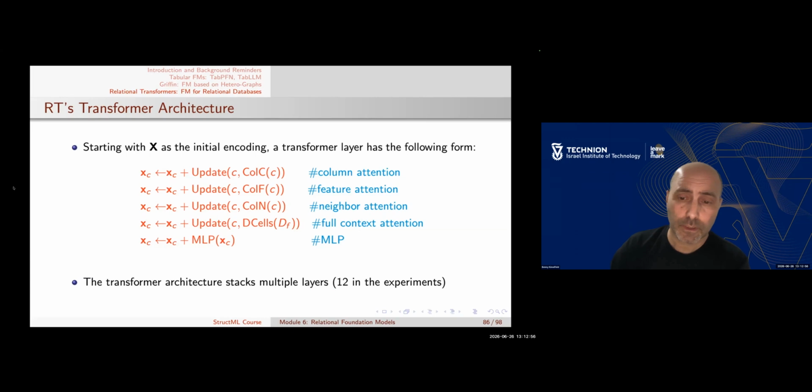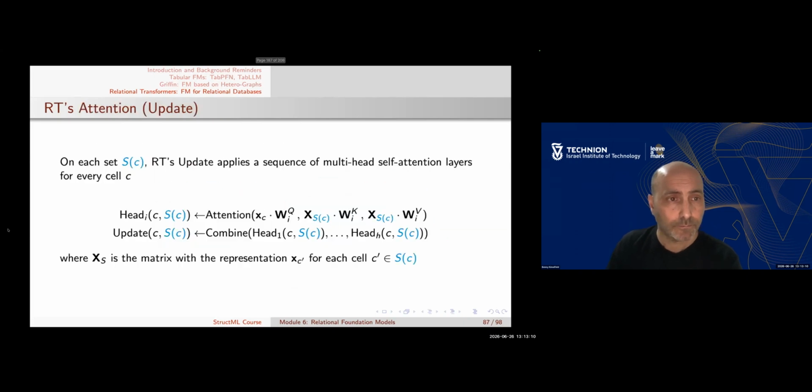So this is a special form of the transformer because it's not one type of attention. You have four types of self-attentions. Now, for each context set, neighbors, features, column, and so on, we apply this update function. What does it do? Quite a simple case of attention. We are combining several heads, and each attention head, what does it do?